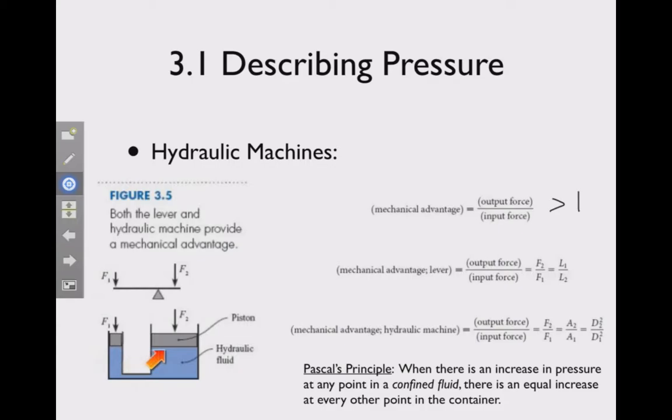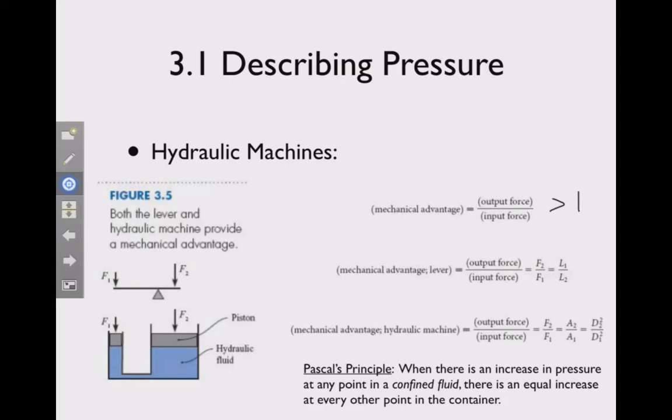As long as A2, this area here, is greater than A1, we will have a mechanical advantage in our hydraulic machine. This is a simplification, assuming that these are circular areas, which they normally are. They're usually pipes or conduits.